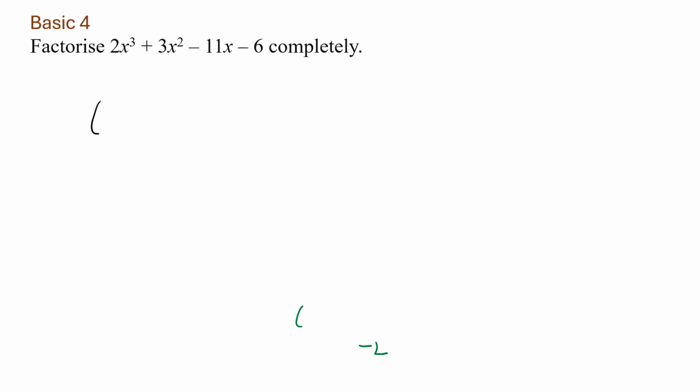In this question, we are asked to factorize 2x cubed plus 3x squared minus 11x minus 6 completely. One method is to use trial and error, and that is to find suitable values of x to substitute into your cubic polynomial such that the remainder is 0, and then from there you can conclude so and so is a factor.